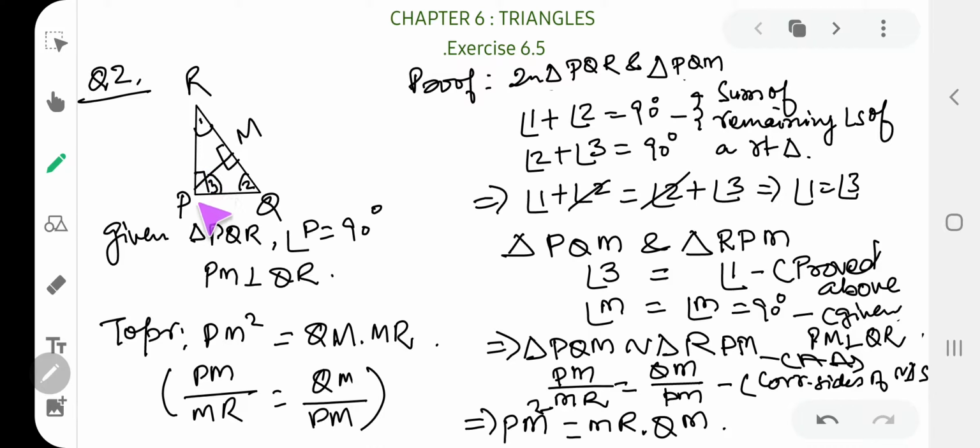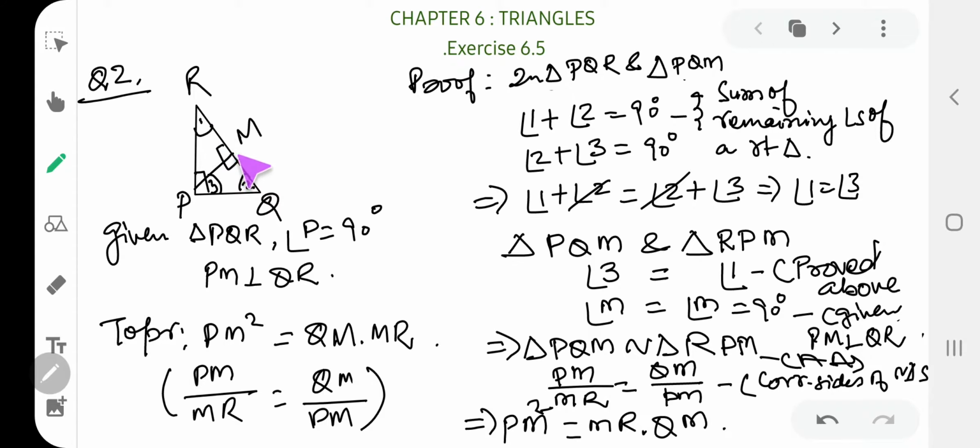Angle P is 90 degree. That means angle 1 plus angle 2 is equal to 90 degree, as the sum of three angles of a triangle is equal to 180 degree. One angle is already 90, therefore the sum of the other two remaining angles is equal to 90 degree.